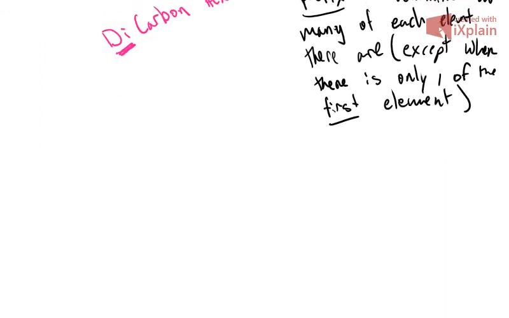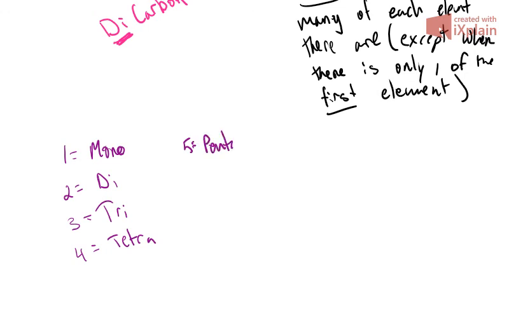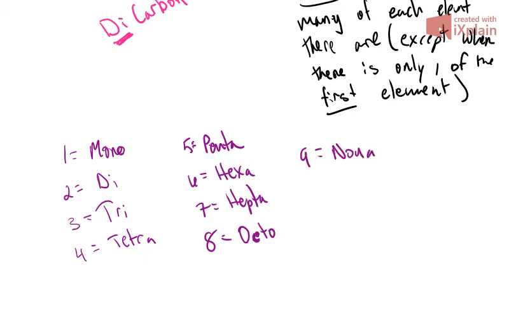As a reminder of what the prefixes are, we have 1 is mono, 2 is di, 3 is tri, 4 is tetra, 5 is penta, 6 is hexa, 7 is hepta, 8 is octo, 9 is nona, and 10 is deca.